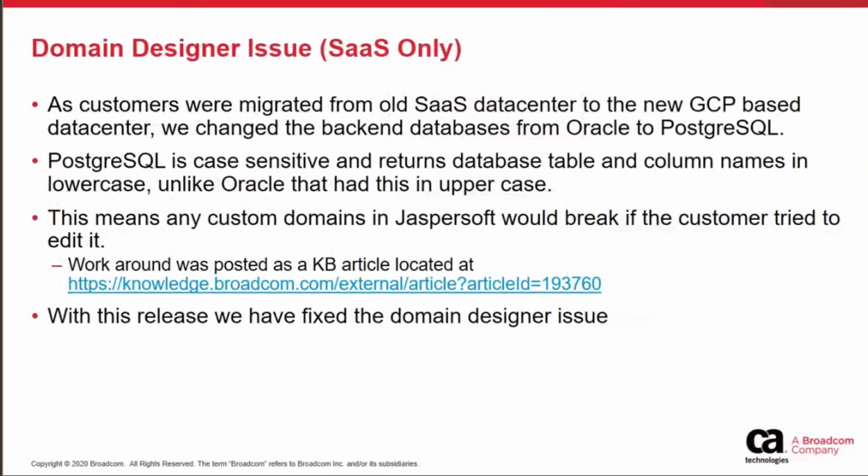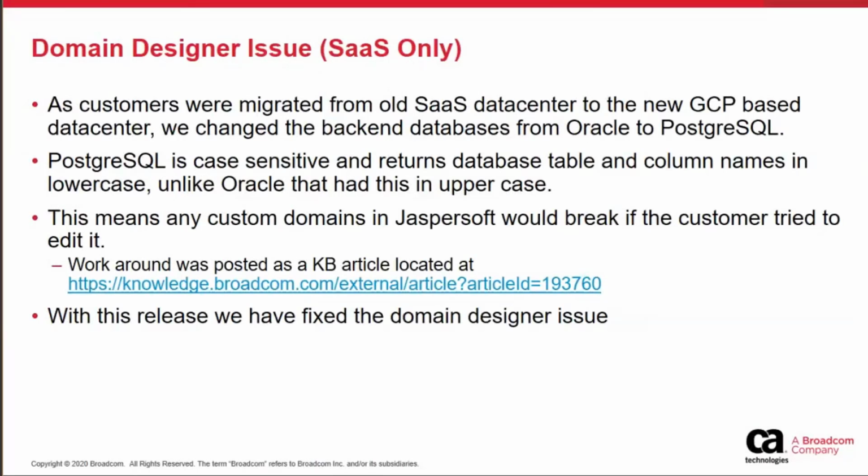For our SaaS customers that are on the GCP platform, we have addressed the domain designer issue. This was basically an issue that was found when we moved the backend database from Oracle to Postgres. There was a case-sensitive issue that was resulting in the domain designer not working correctly.